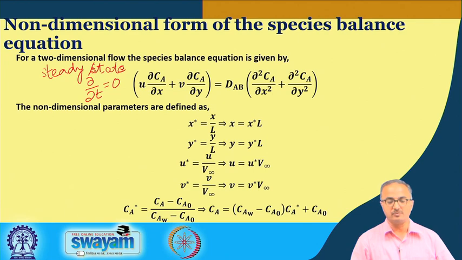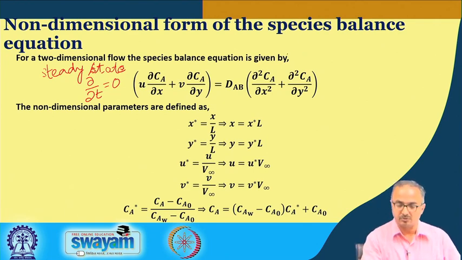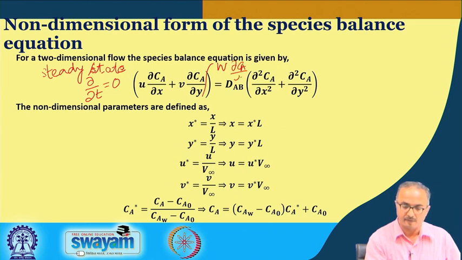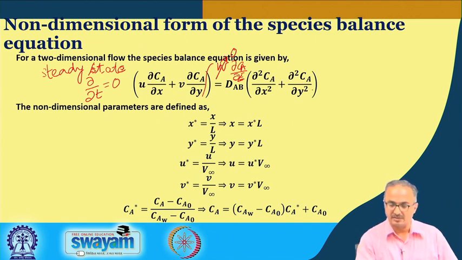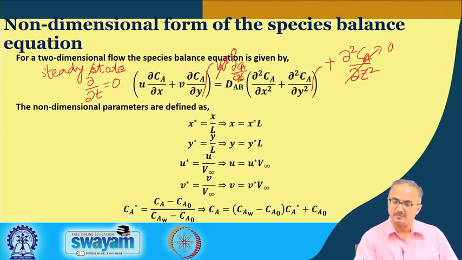Again, we are assuming all the W components will be 0, and we are taking it to be two-dimensional flow. So we are taking Z to be 0, this W to be 0, so it is not appearing. Similarly, there is another term, that is dou squared C A by dou Z squared.